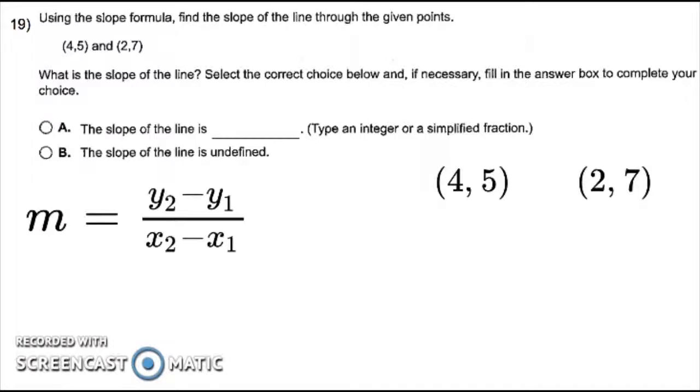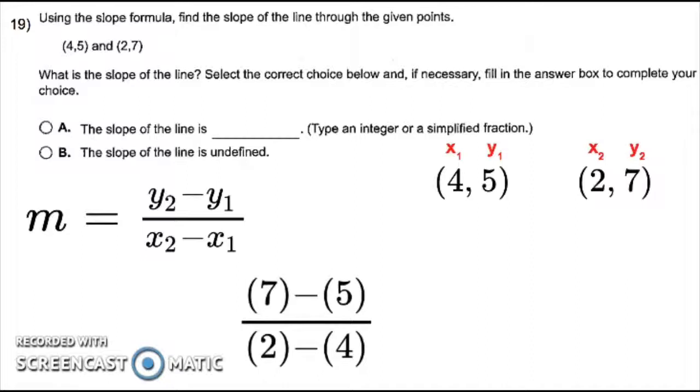So writing down my coordinates, x1 and y1 are the x and y of the first coordinate, and x2 and y2 are the x and y of the second coordinate. Substituting in, I have 7 minus 5 over 2 minus 4, which is 2 over negative 2, which is negative 1. So my answer for number 19 is going to be negative 1.